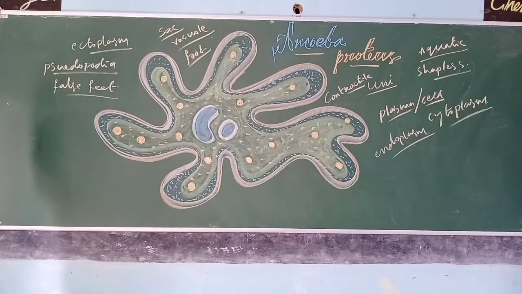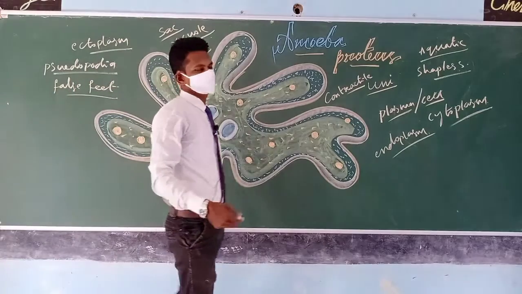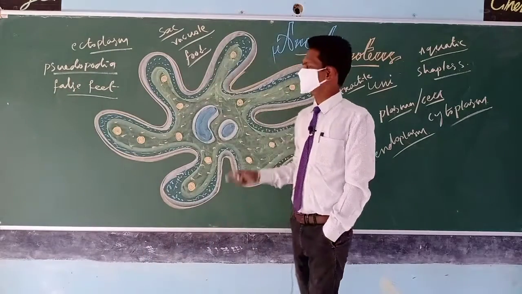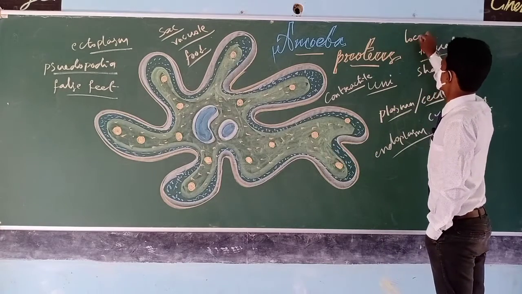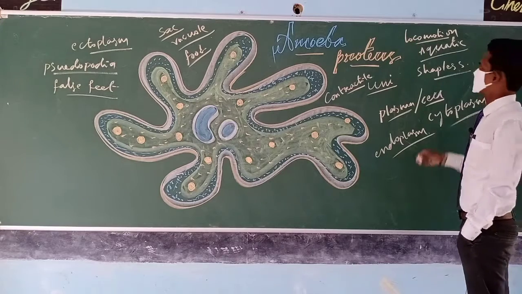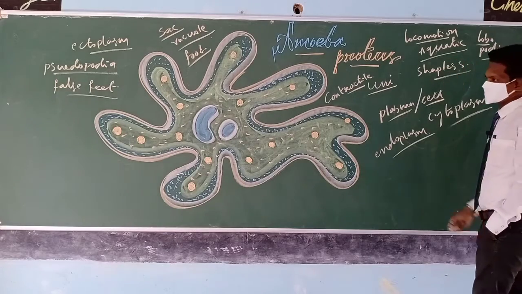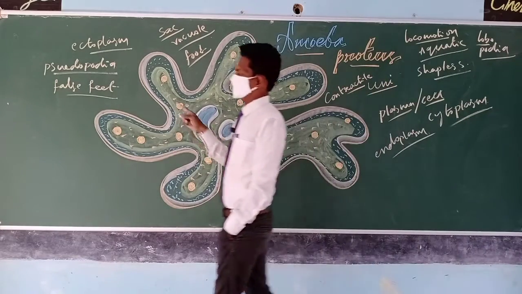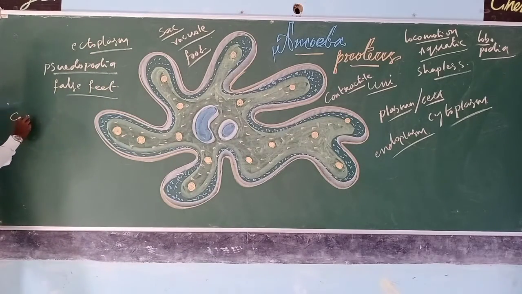Pseudopodia are of different types: lobopodia, filopodia, reticulopodia, etc. The pseudopodia are responsible for locomotion also, and here they are called lobopodia. The main function of lobopodia is locomotion, and these finger-like projections are also helpful in capturing the food particles.